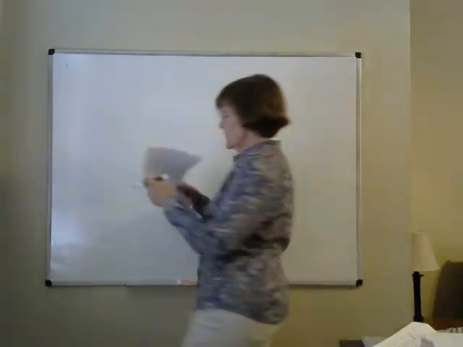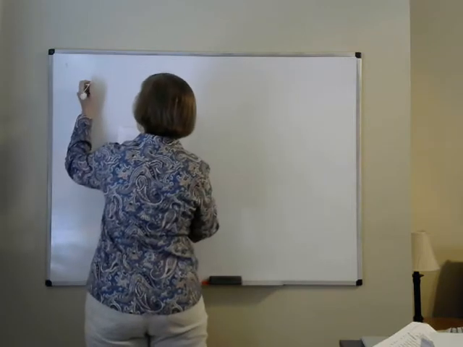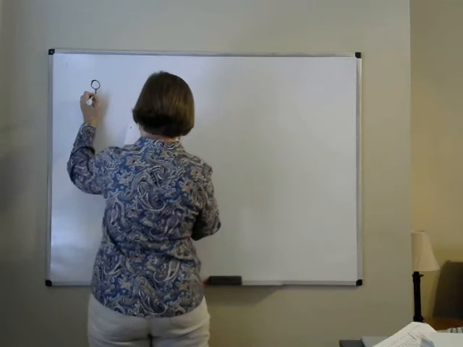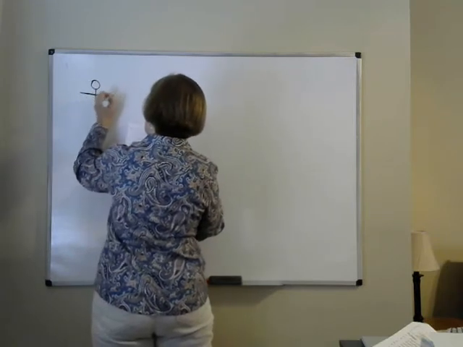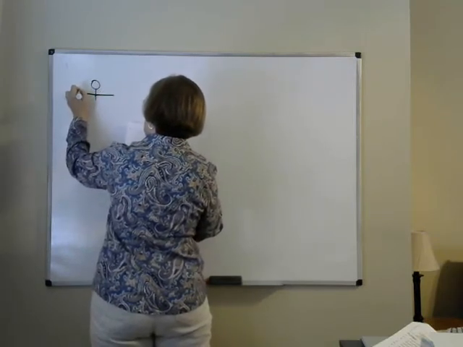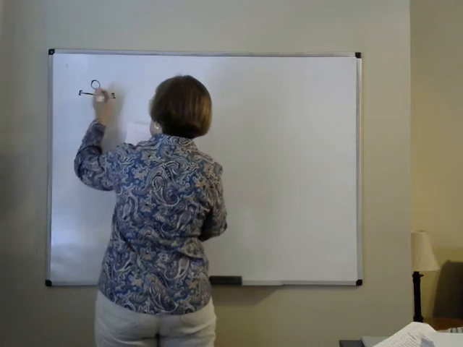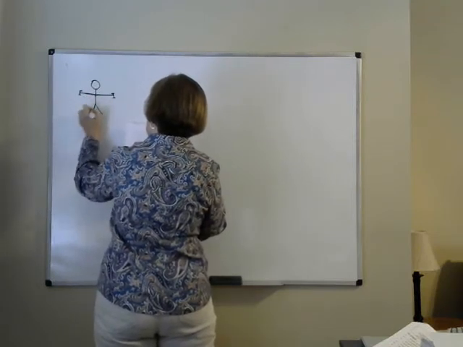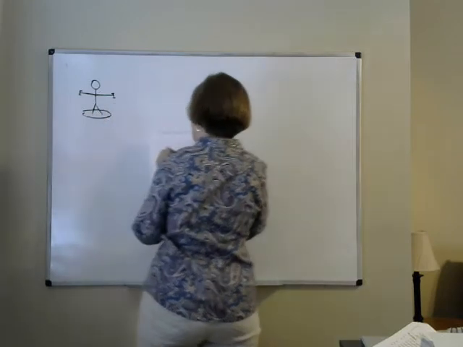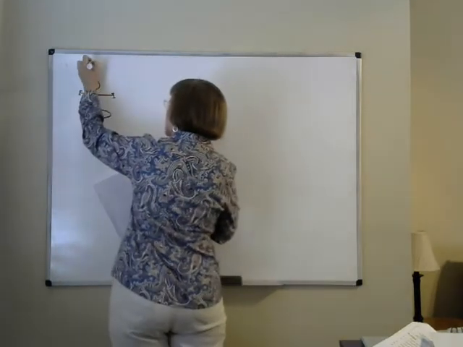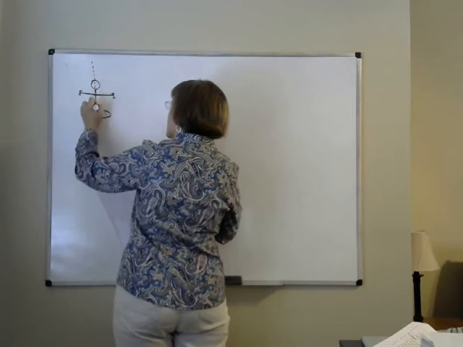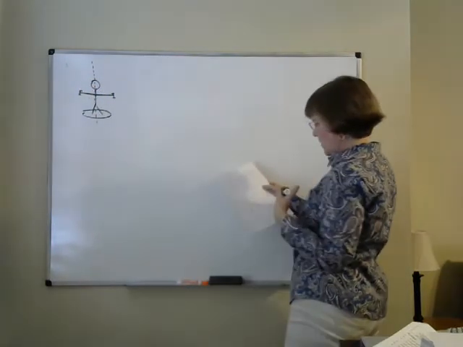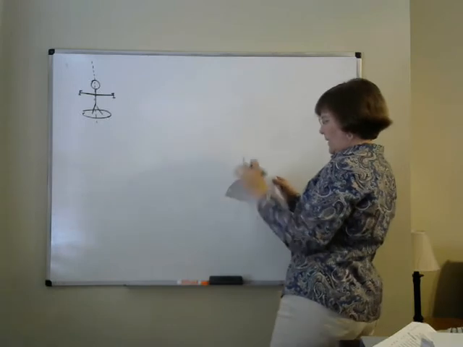Here's our person. We're going to have a little stiff person. And he's going to start off with his hands extended, holding his little dumbbells, standing on this rotating platform. He's spinning right through the center of his person. All right.